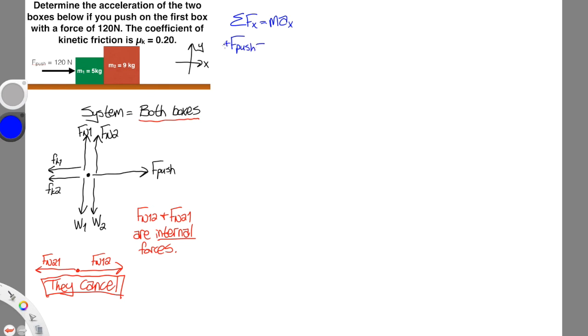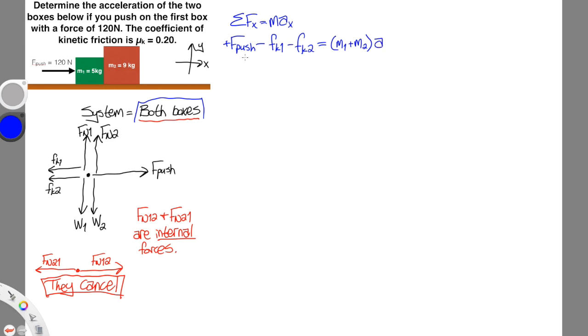And then in the negative x direction, we have Fk1 and Fk2. Then to figure out what we plug in for the mass, we need to remember that our system is both boxes. So we need the mass of our entire system. So we want the total mass of our system, mass 1 plus mass 2, times the acceleration.